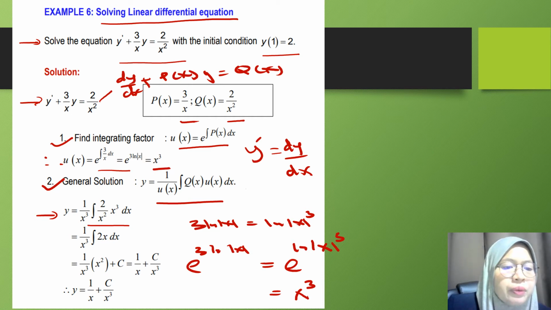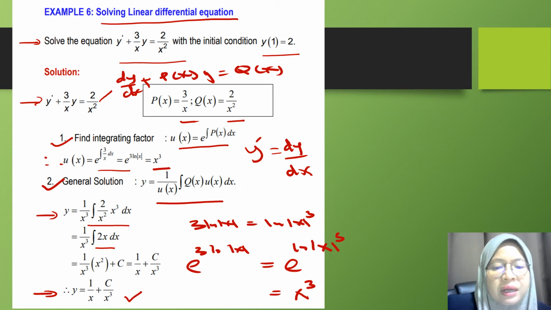Here we can simplify, and we will have the integral of 2x dx. Solving this, we have x to the power of 2. Therefore, our y here is 1 over x plus c over x to the power of 3.